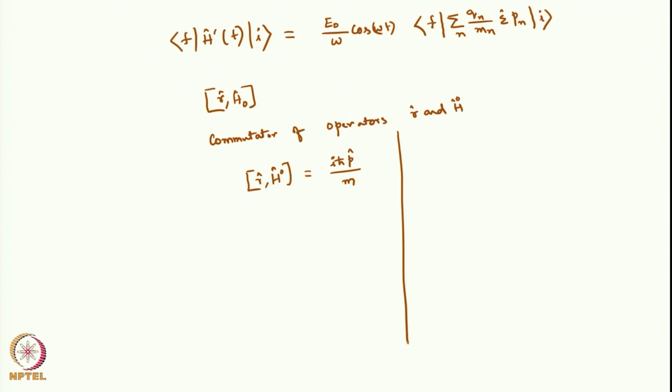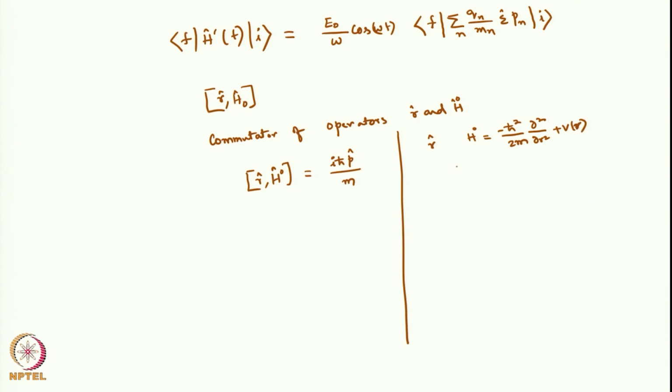commutators are evaluated with respect to some function. So, if there is an R operator and there is a H naught operator, okay, H naught is along the direction of R, so this will be equal to minus h bar square by 2m d square by dr square with some potential V of R, okay, that is your H naught.